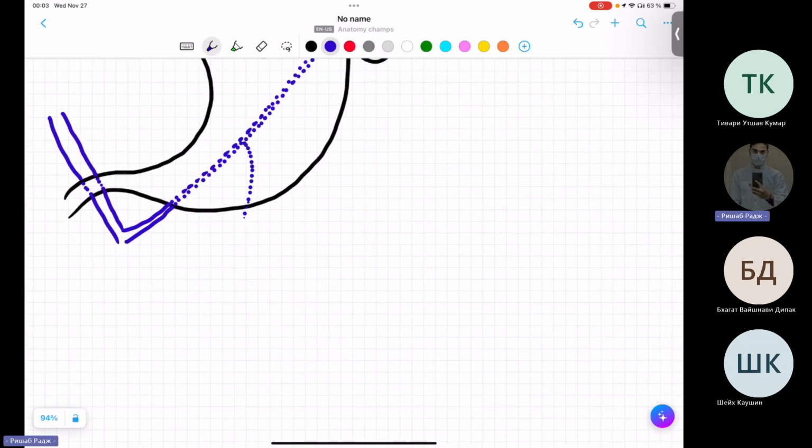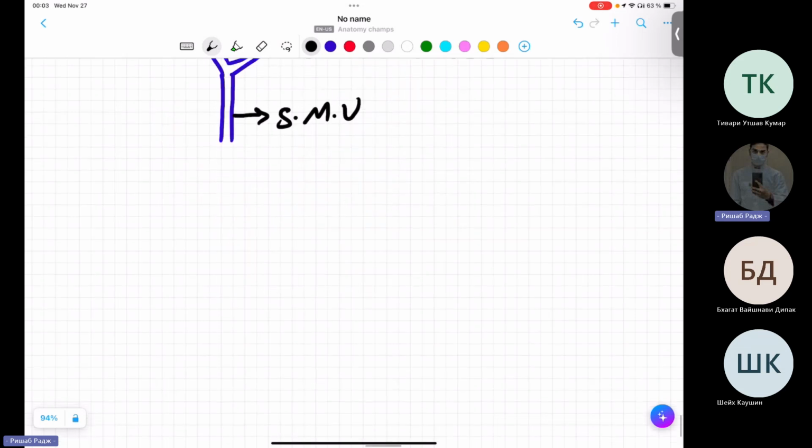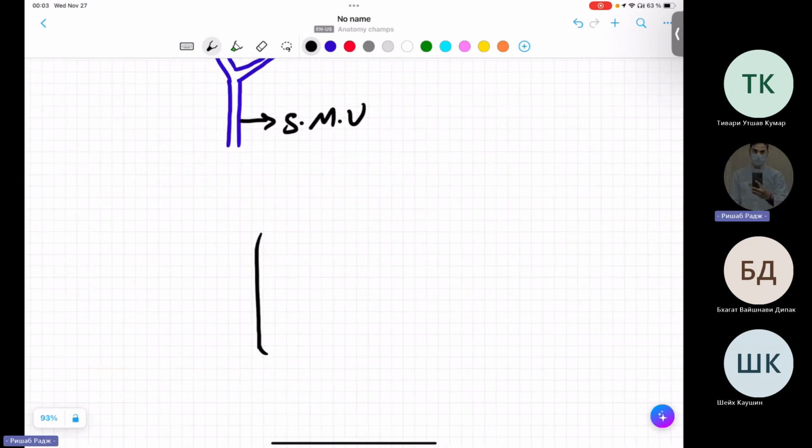Here you will have another. This is your superior mesenteric vein. If you had a superior mesenteric artery, you will also have a superior mesenteric vein. The superior mesenteric artery was carrying blood supply from what?